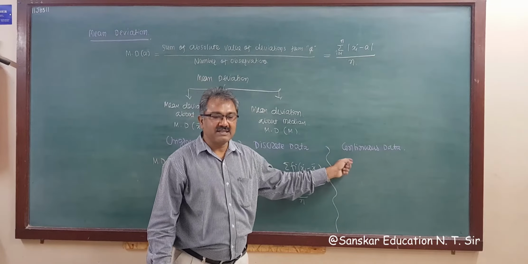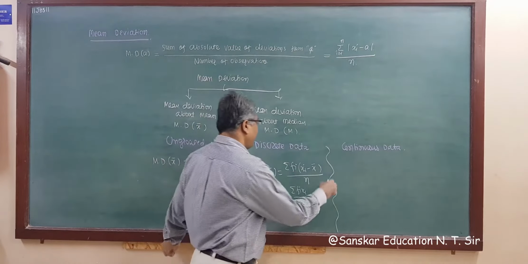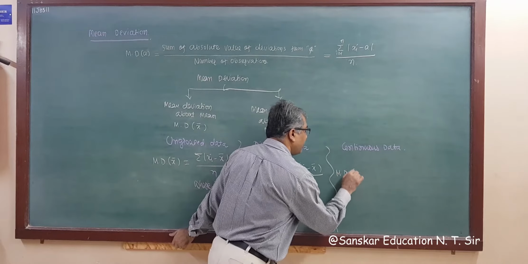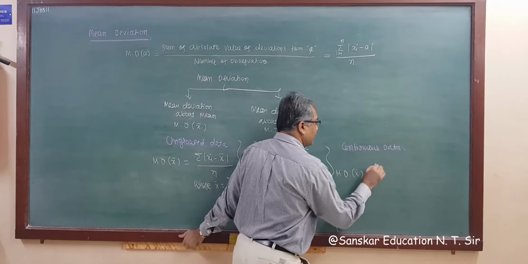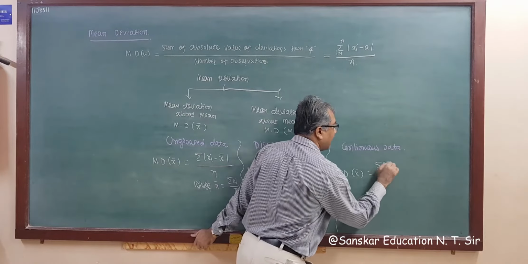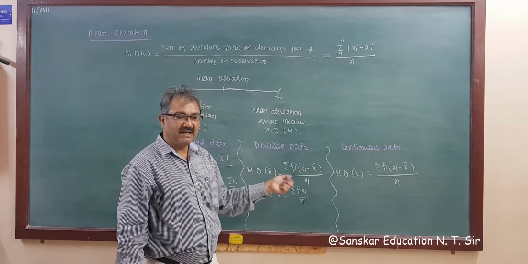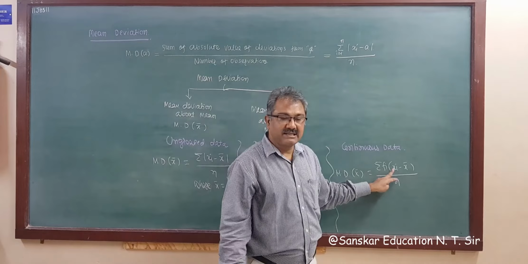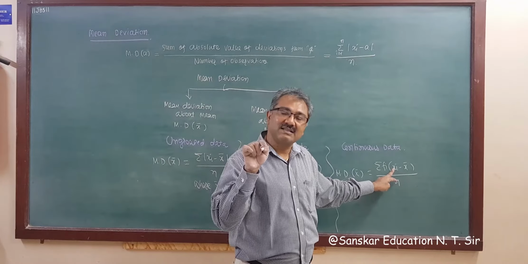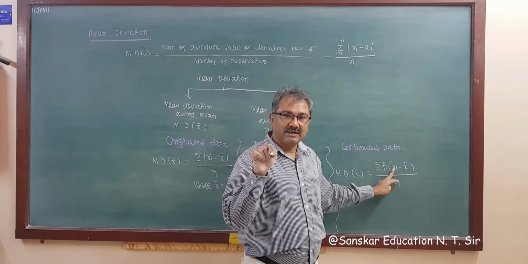And for continuous data, the same formula: mean deviation about mean is equal to sigma fi |xi minus x bar| upon n, where n is equal to sigma fi, the total frequency, and xi is the mid value of the ith class for continuous data.